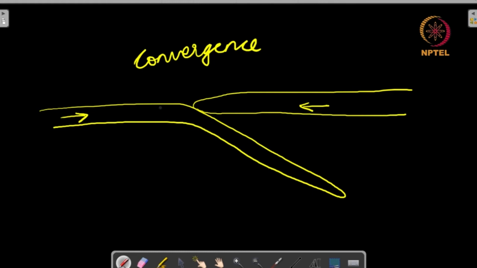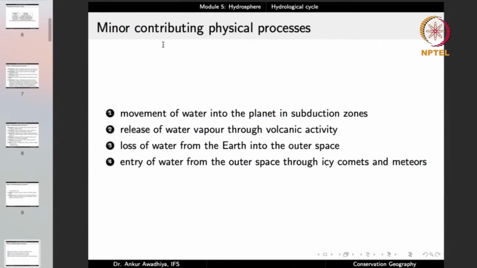Now, in this convergence, typically if you have a convergence of, say, an oceanic plate with a continental plate, then the oceanic plate will move down. And when it moves down, the water that was here in this plate, it is also moving down. So this is a process through which water from the crust is moving into or towards the mantle. So this is a minor contributing physical process.